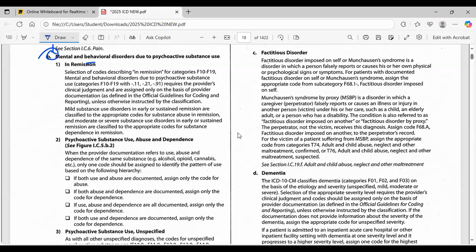For in remission, we should have documentation that states that the patient's tobacco use disorder is currently in remission stage. So for tobacco use disorders or alcohol disorders, we do have a code for the in remission stage, and we have to use it only if the document states that the patient's tobacco use disorder or alcohol use disorder is currently in remission.